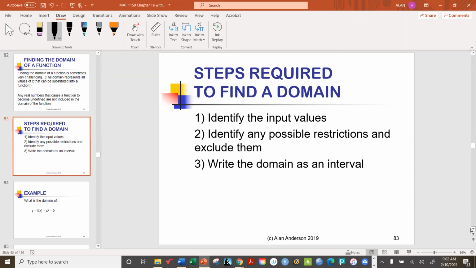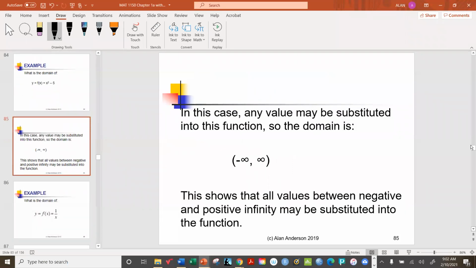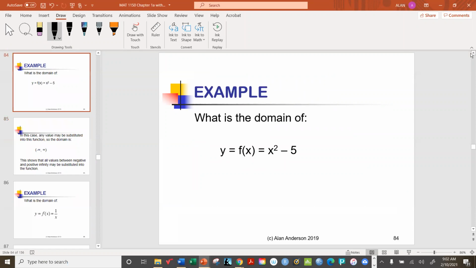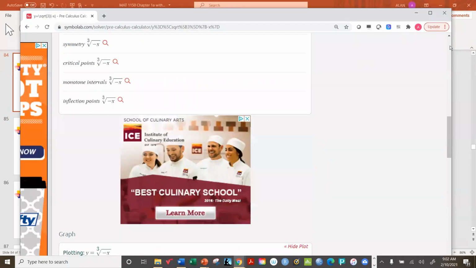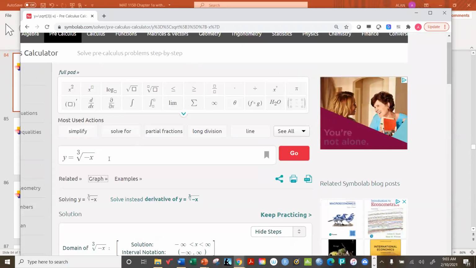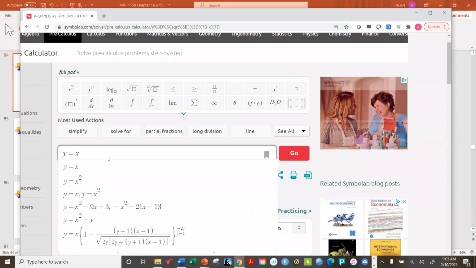All right, let's look at our first case. This one. Now, here's where having a graph could be very helpful. I'm going to go back to Symbolab, and we're going to see what this thing looks like. x squared minus 5.